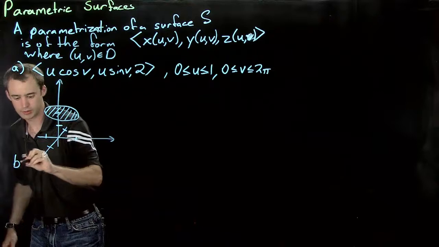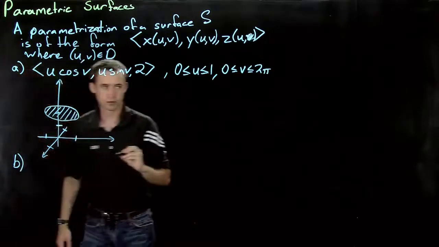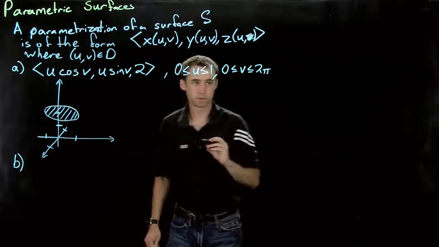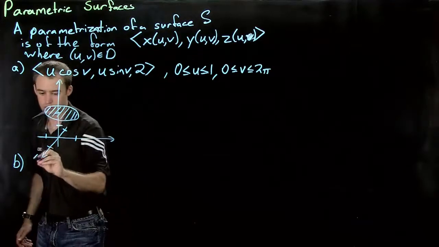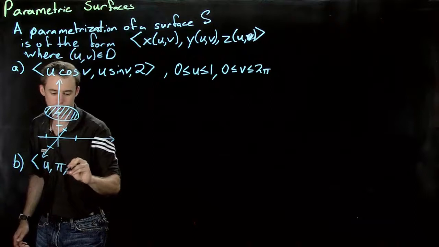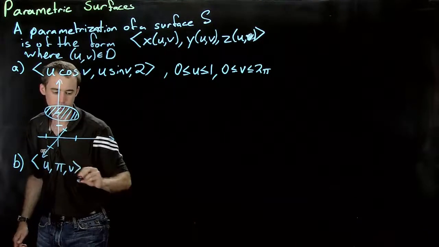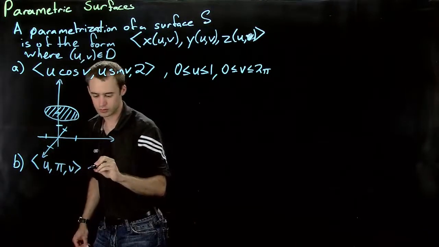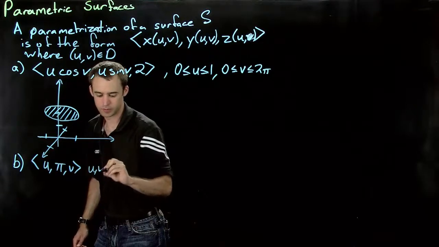Now let's do a second example. Let's do u, pi, v. And let's let u and v be any real number.